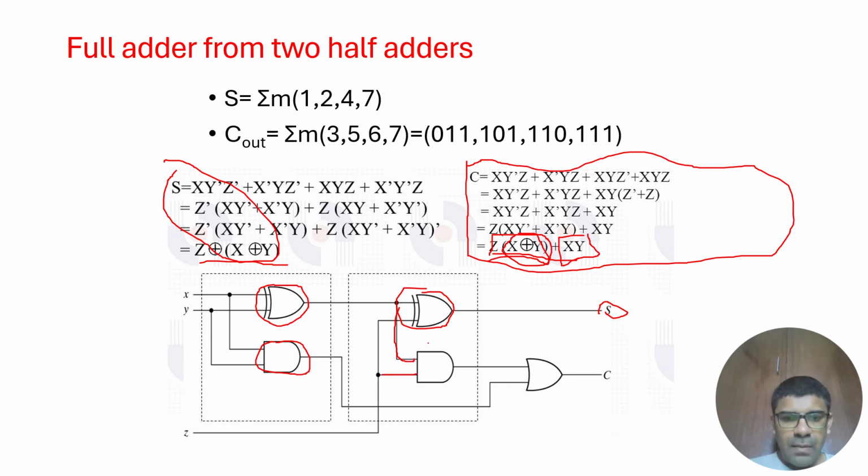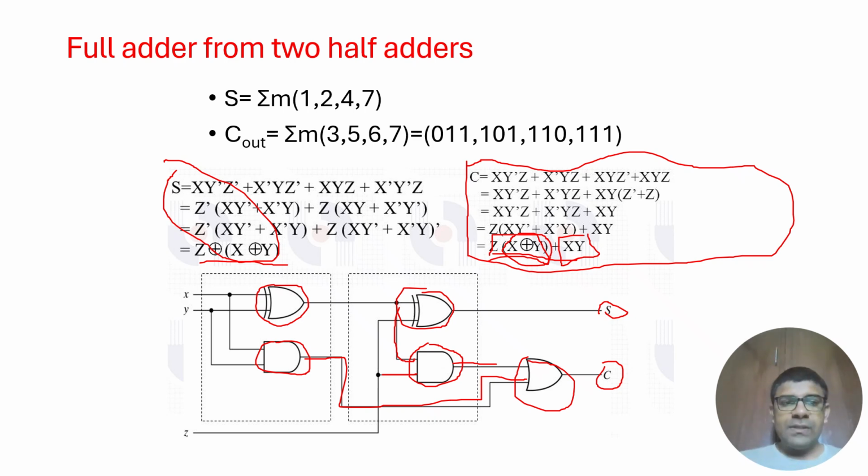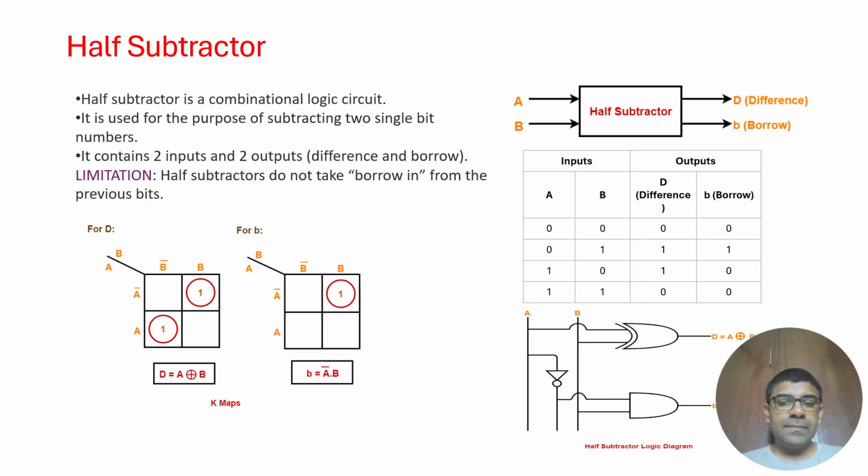Both are multiplied using a two input AND gate, so the output of the AND gate is x XOR y into z. Now it should be added with the xy product term, which we already have. So the final carry output is xy plus z into x XOR y. So this is the diagram for a full adder using two half adder circuits.